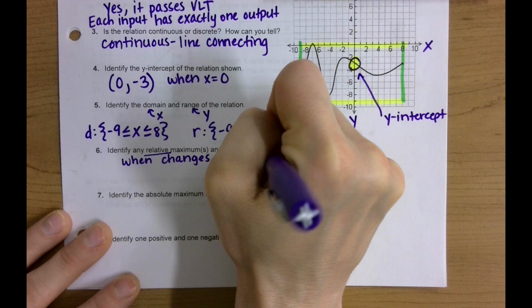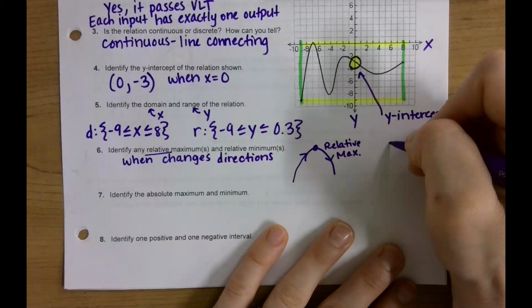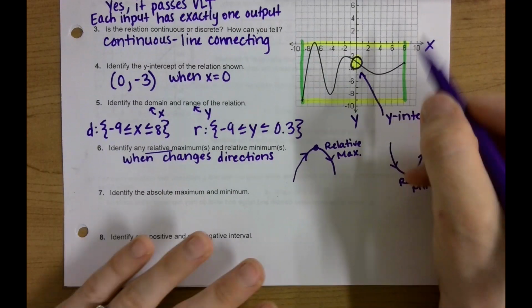So if it's increasing, going up first, and then it starts coming down, that would be a relative max. Decreasing, and then it starts increasing, that would be a relative min. So it's changing directions in the middle of the graph. It can't be one of these endpoints. It says identify any, so I'll just go over all of them.